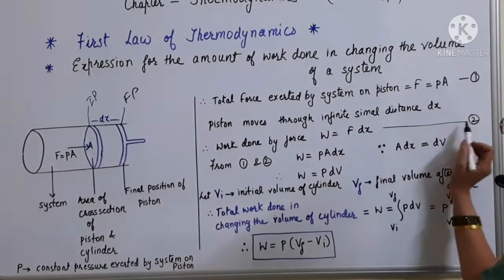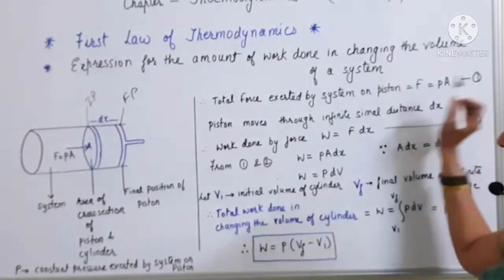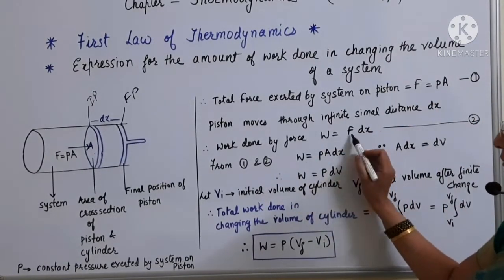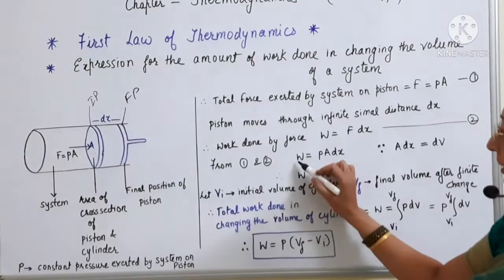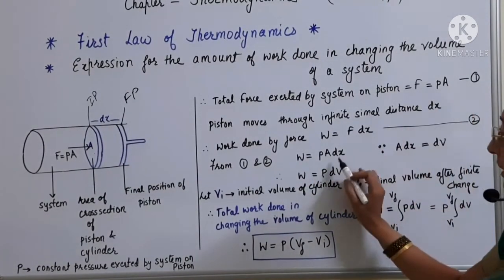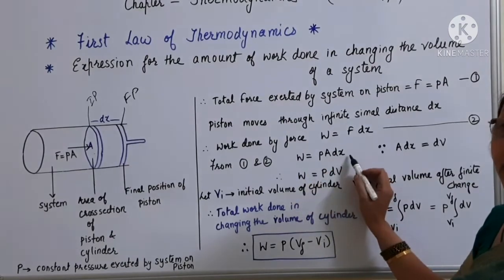So this is equation 2. From 1 and 2, instead of F we write PA. So W is equal to P into A dx. This is the work done.